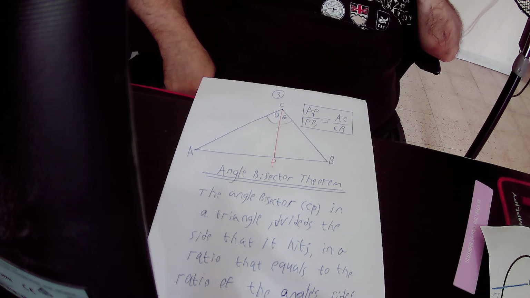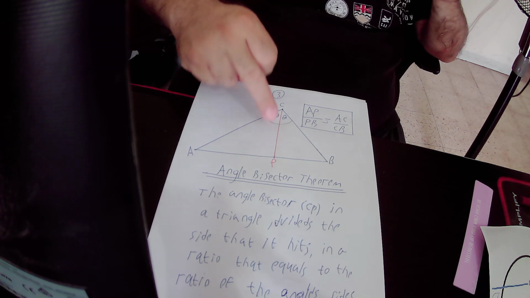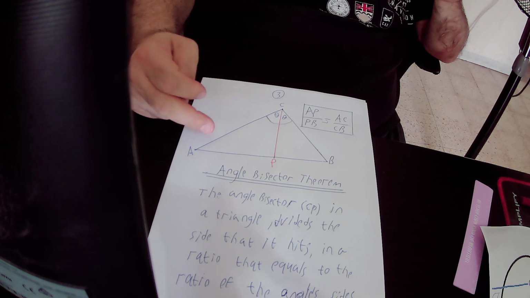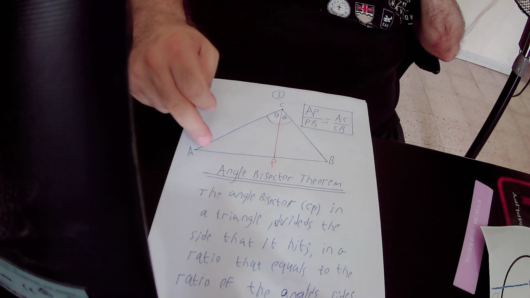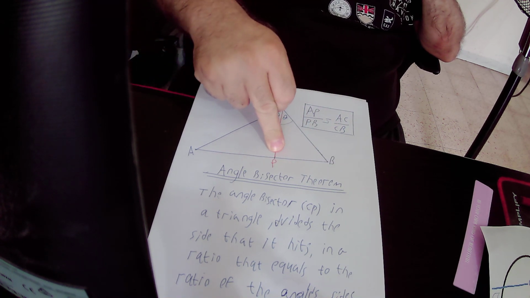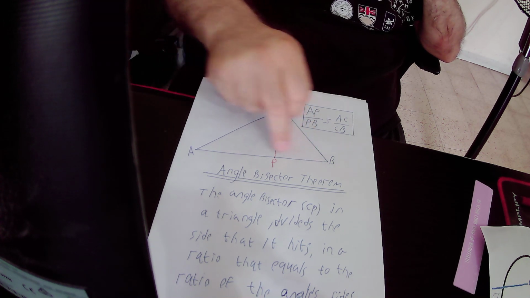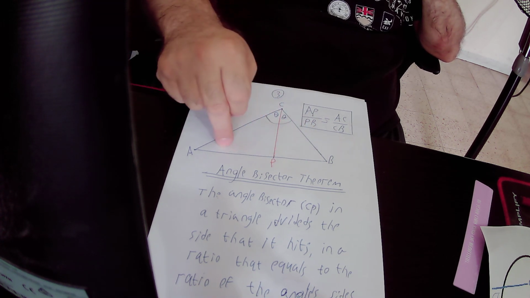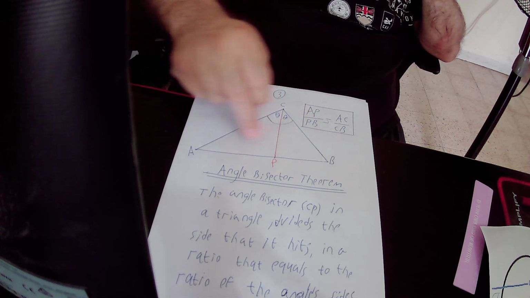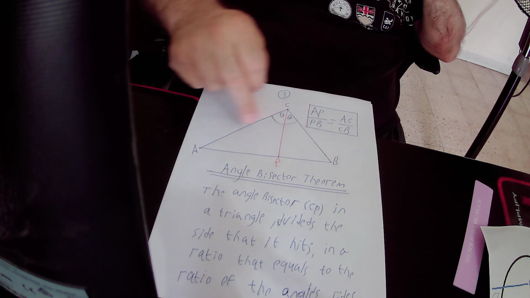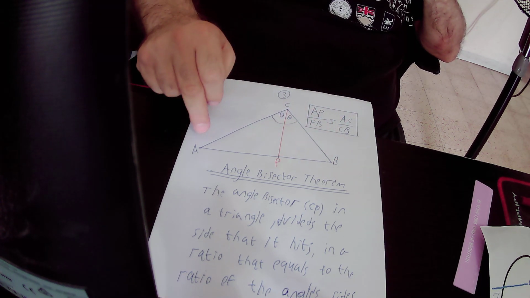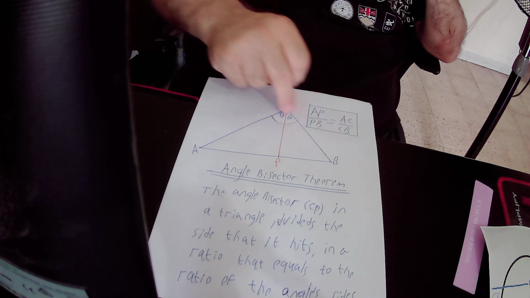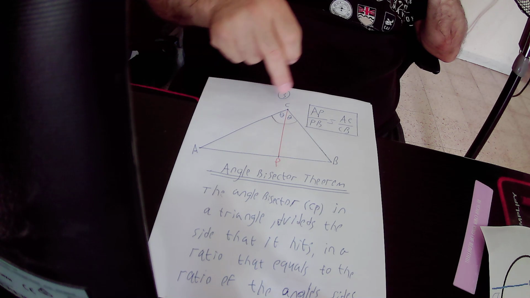So the angle bisector CP in the red color divides the side that it hits into two parts, and the ratio between those two parts, AP over PB, equals the ratio between the angle's sides, that is to say AC over BC, or AC over CB, which is the same.